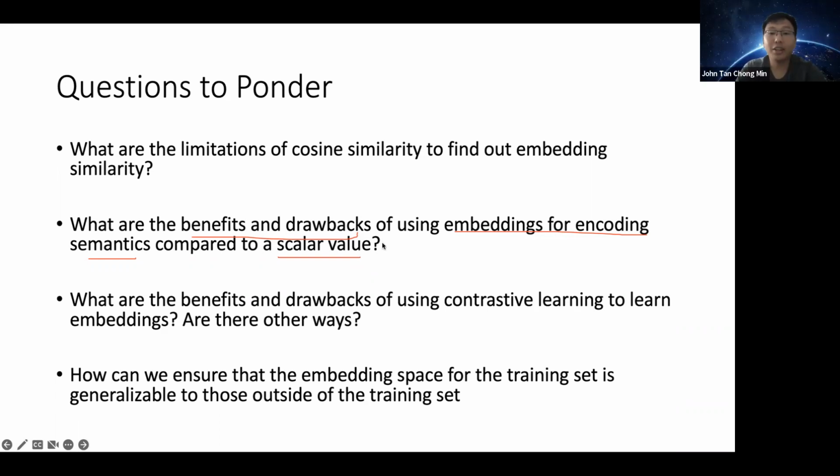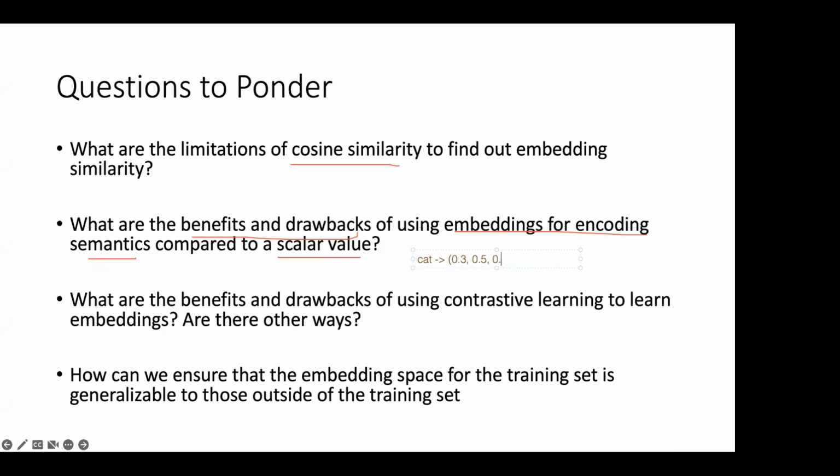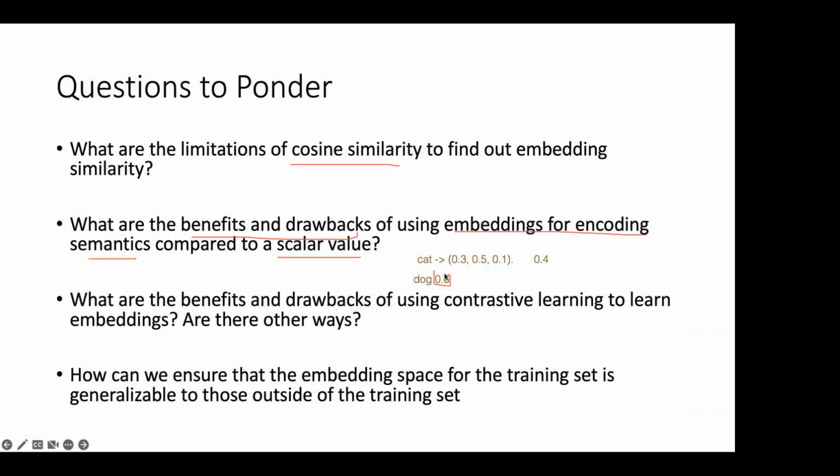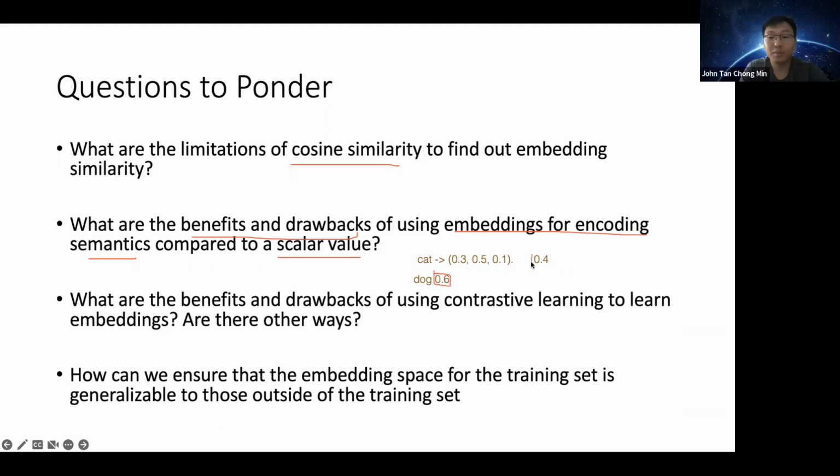Oh, okay. So this scalar value is not cosine similarity, by the way. The scalar value I'm talking about is like, for example, cat. Currently, maybe you can give it an embedding space like that. What if you just do it like that? Not a random value, but some value, so dog can be like 0.6. I want to highlight this example because if we were to just use one number, a scalar value, it may not be rich enough to encode the higher level features between the cat and dog.